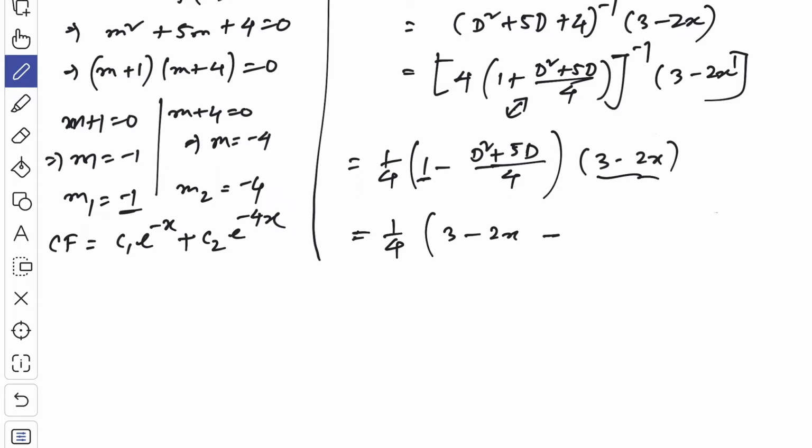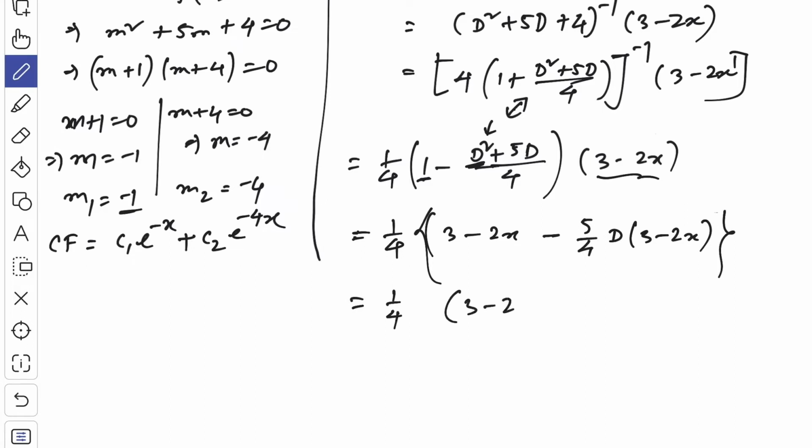Then here you see this power of D in this case is greater than the power on x, so that's why we can ignore this square term. So we can take only 5 by 4 D into 3 minus twice x. Then you will get 1 by 4 into 3 minus twice x, and if you differentiate 3, then it's going to be 0.